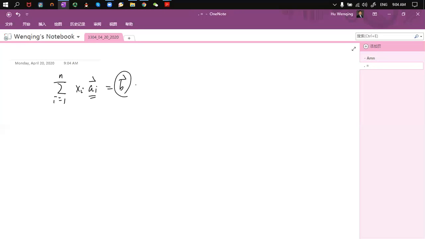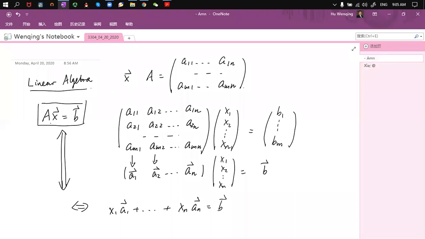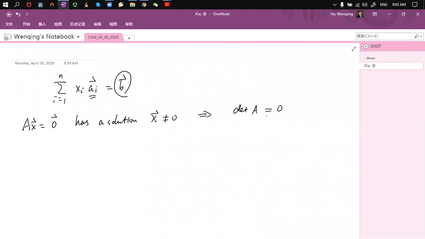In particular, if Ax = 0 has a solution x that's not equal to 0, it means the determinant of A is 0. That's a good example, because if Ax = b has a unique solution, the determinant must be non-zero.